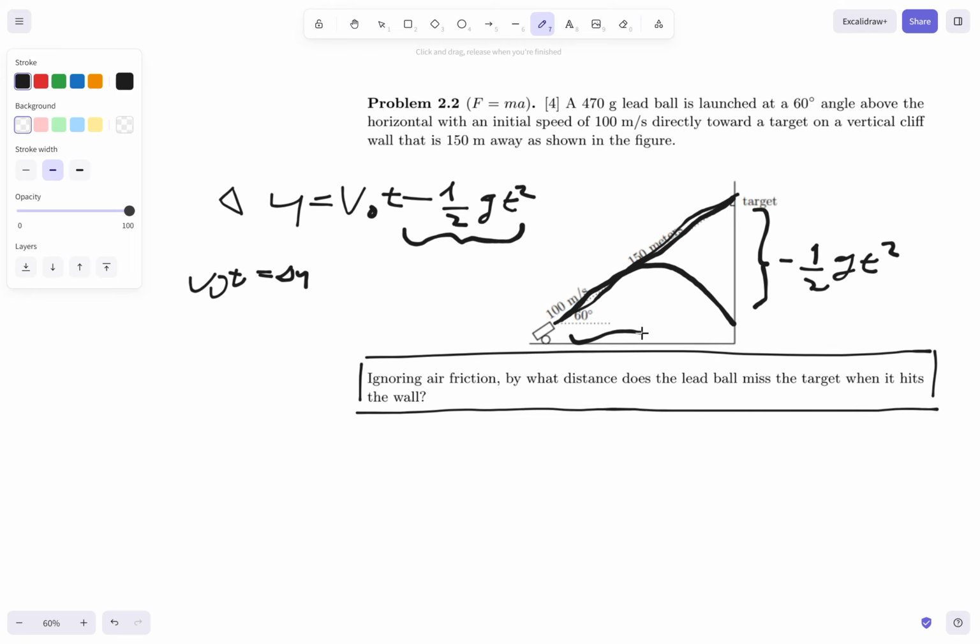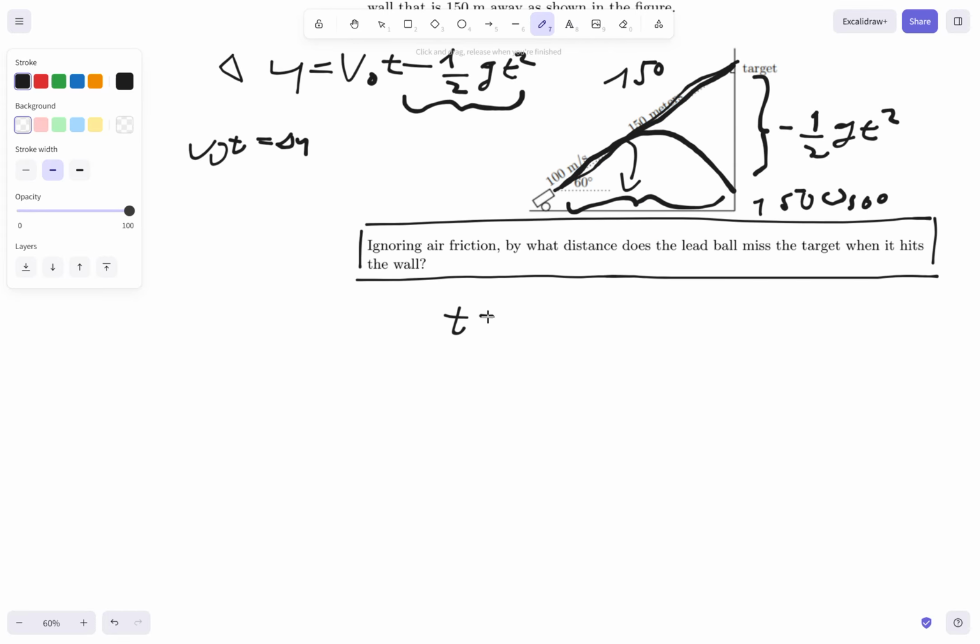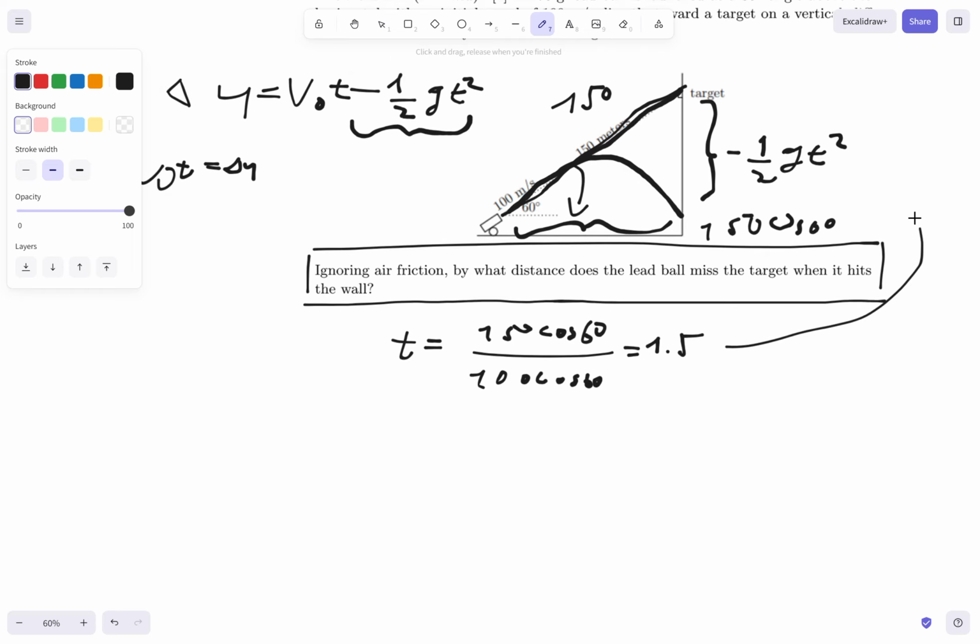This distance, if we just do triangles, because y'all should know trig, this is 150, this is 60, so it's just 150 cos 60. So t equals 150 cos 60. That's the distance. Now you do 100 cos 60 equals 1.5, and you plug it in here.